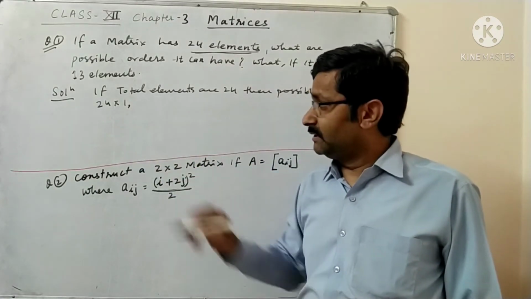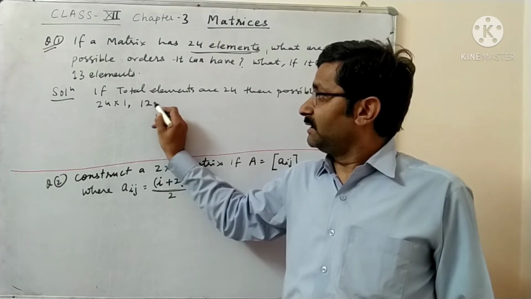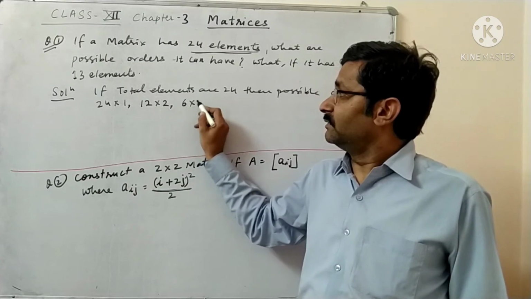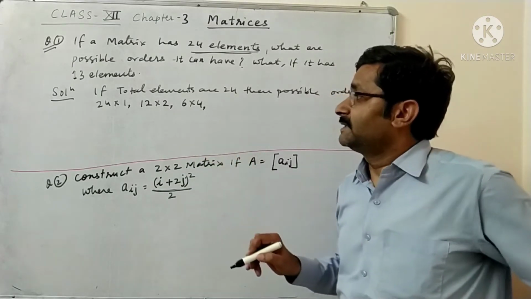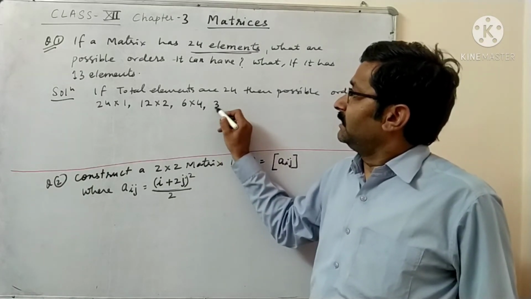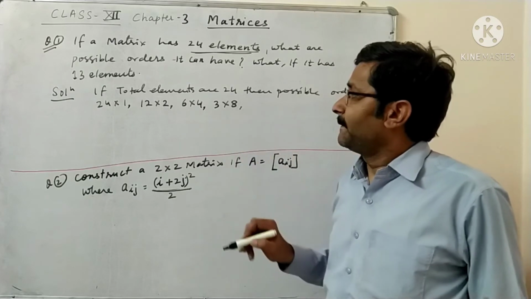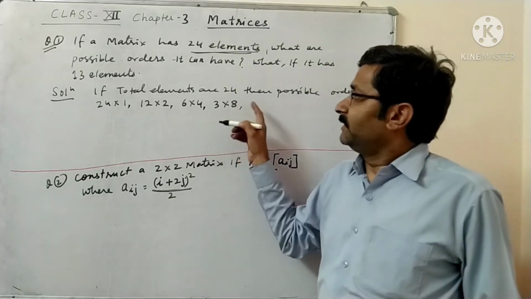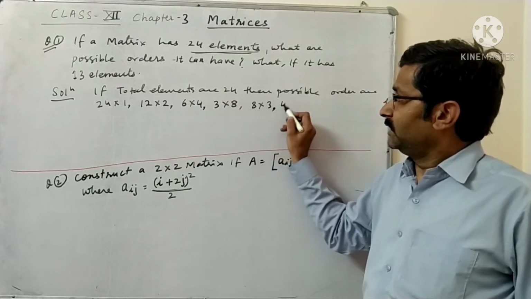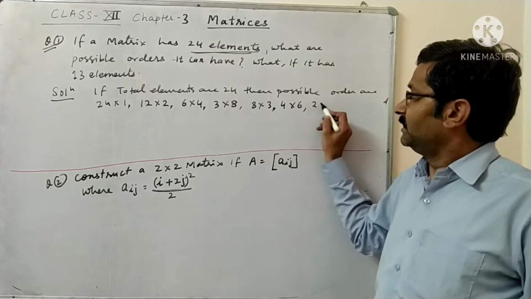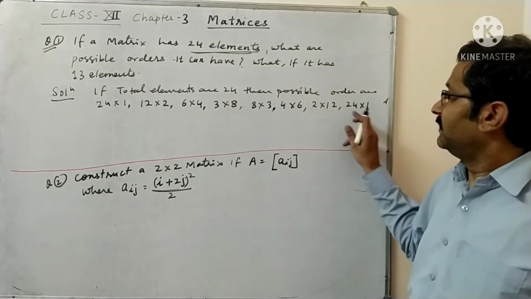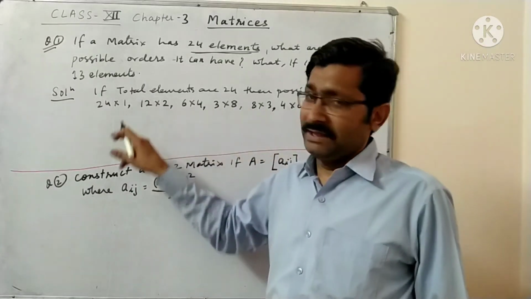Next is 12 into 2. Then 6 into 4. Then 3 into 8. Then we have the reverse of these all, 8 into 3, 4 into 6, then 2 into 12, and 1 into 24. Total we have 8.